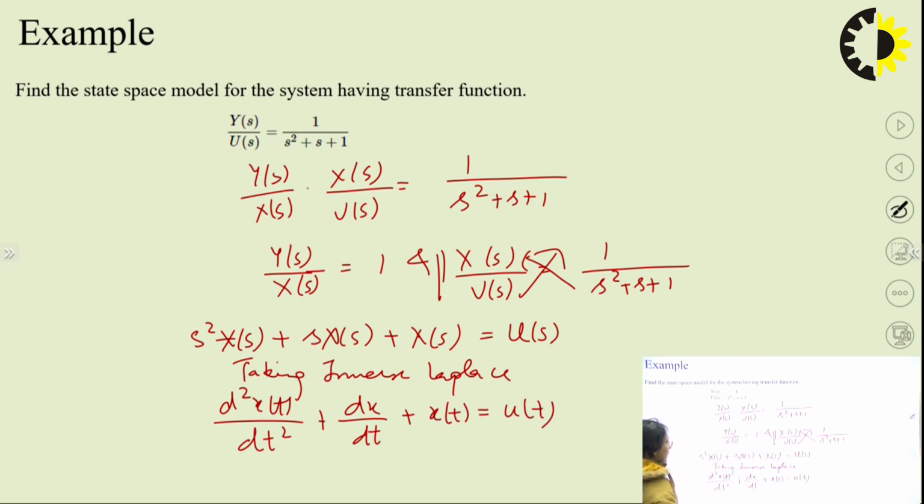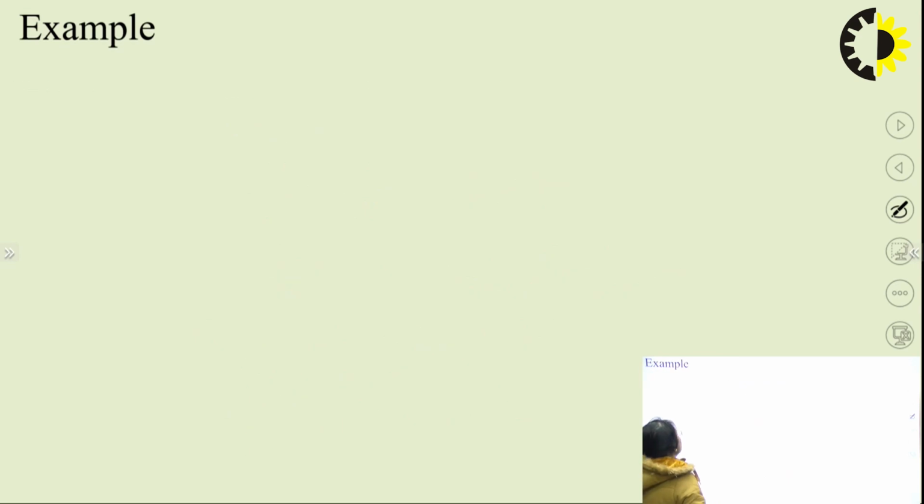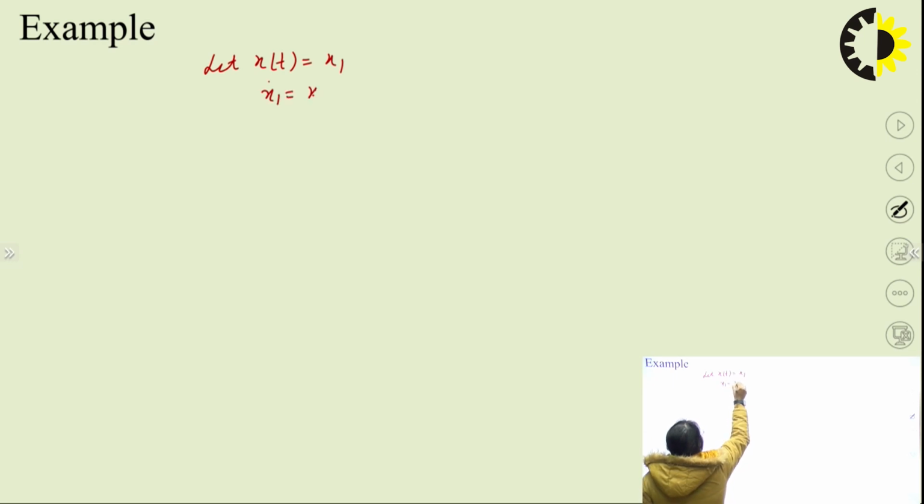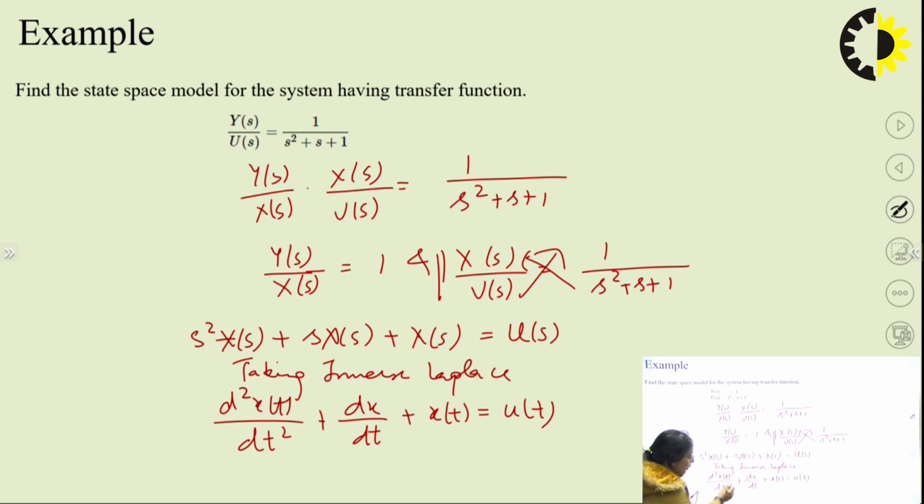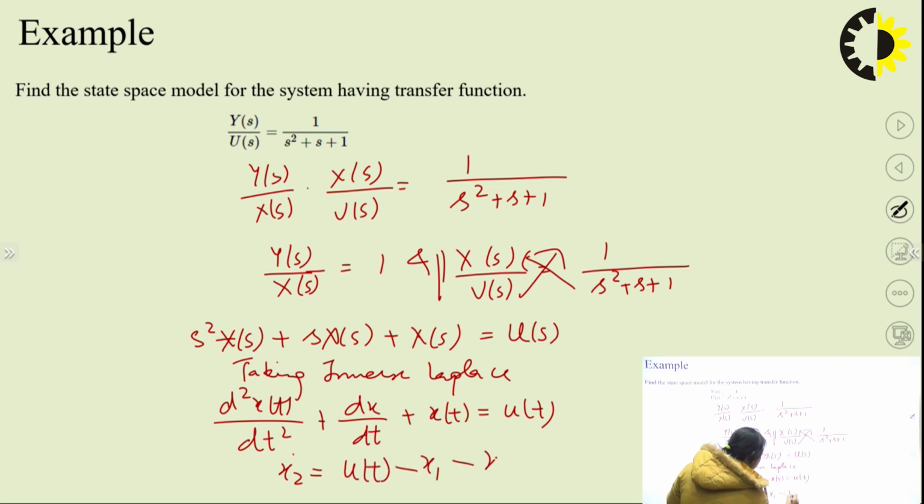Okay, so let x(t) be equal to x1. So x1 dot will be equal to x2, and now from here x2 dot will be equal to u(t) minus x1 minus x2.